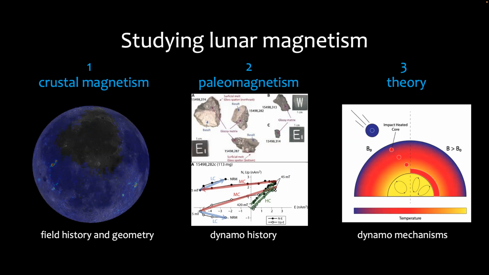And then the third way is to do theoretical studies, either studying lunar mantle evolution or maybe eventually moving on to doing actual MHD simulations of fluids in the lunar interior. And so I'm going to touch on each of these three styles of doing lunar magnetism today in various parts of the talk. So first, I'm going to begin with crustal magnetism.